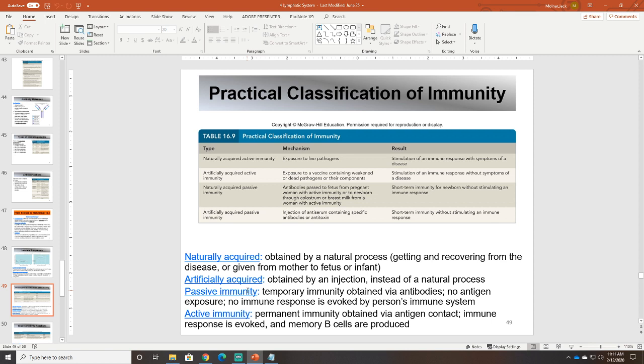We're giving them an infusion of antibodies to treat an infection. And you can have artificially acquired active immunity, and that would be like an immunization. That would be a shot, right? Where we are giving someone a little piece of the bacterium, and then they develop their own B and T cells that will fight it off in the future.